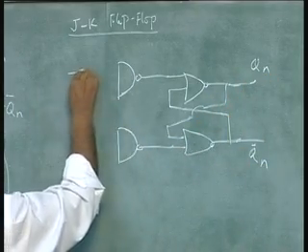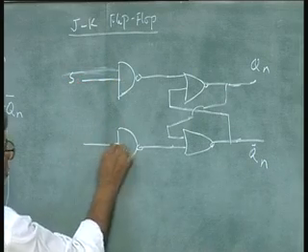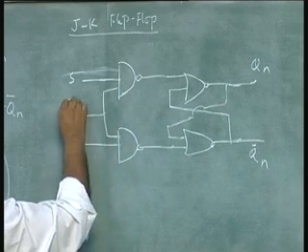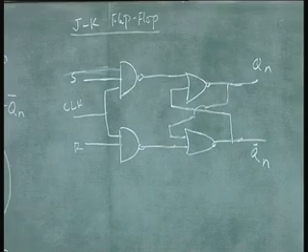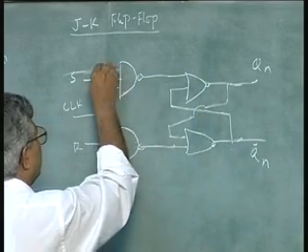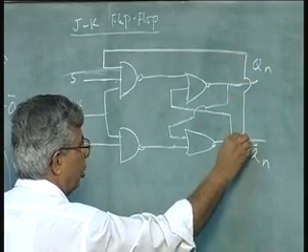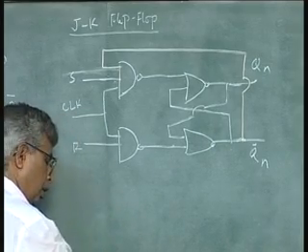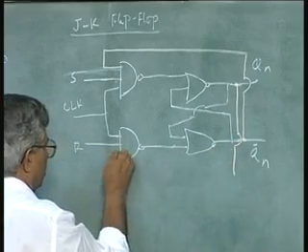This is my S, R, clock. What I am going to do is take the output of this Q n and connect it to this input, Q n bar and connect it to this input, and take Q n and connect it to this input.